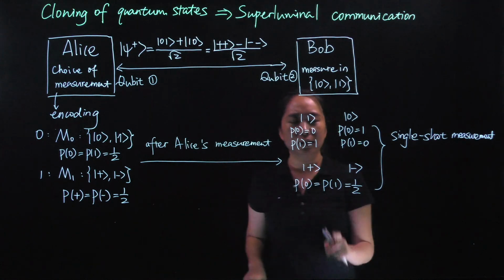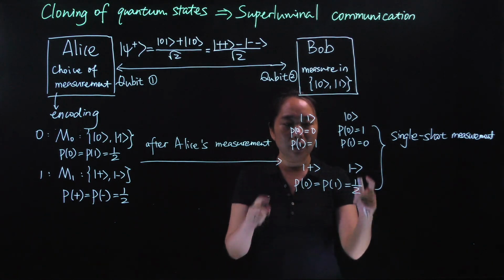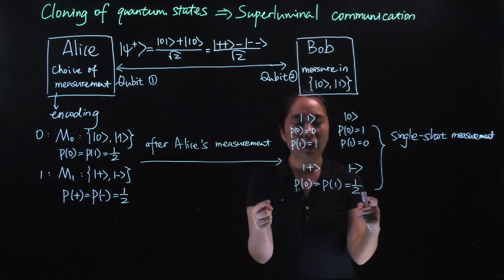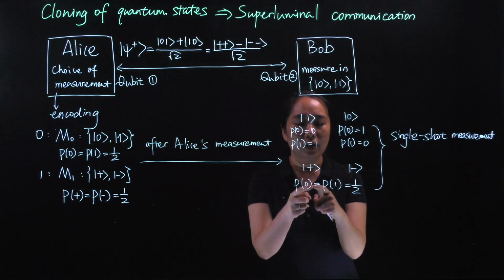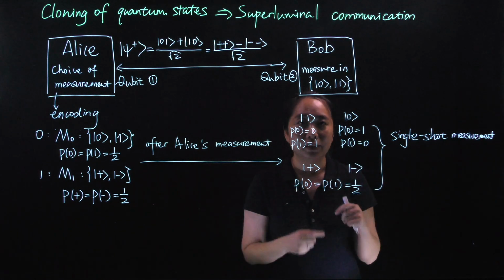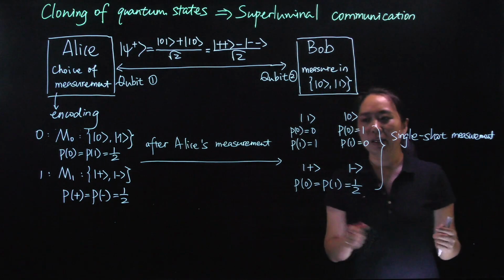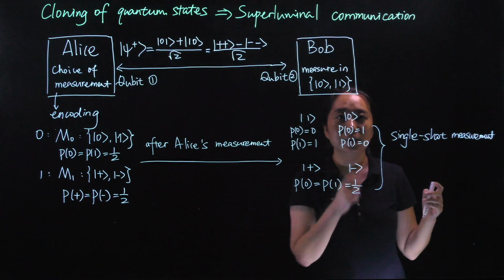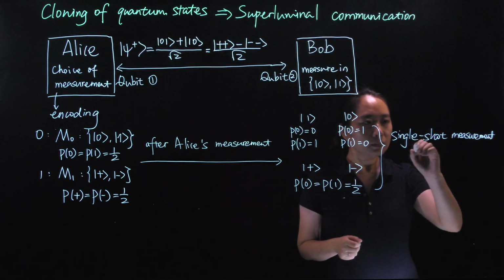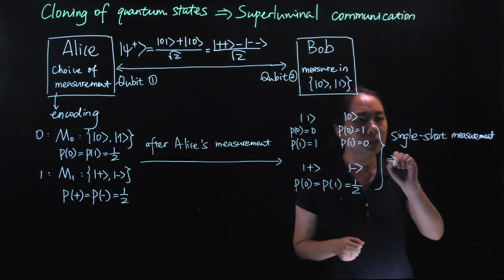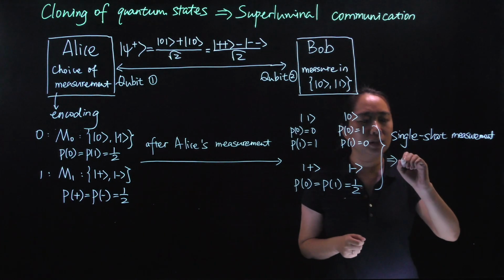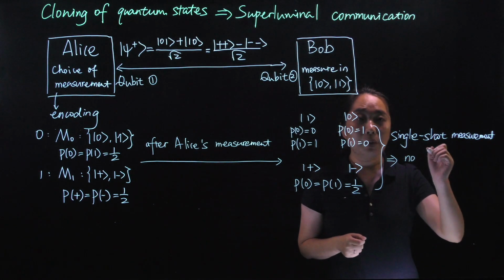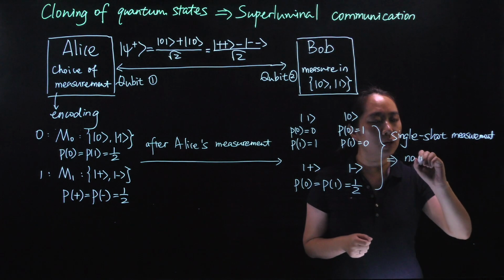On the bottom case, Bob will get the plus or minus state, and for either of these states, he will get half and half probability of getting 0 and 1 on his side. So from this, he will not be able to conclude anything from just looking at one single-shot measurement. So here we conclude that a single-shot measurement does not give Bob any information.